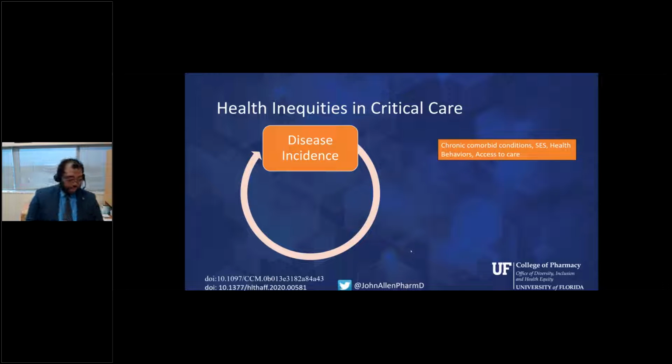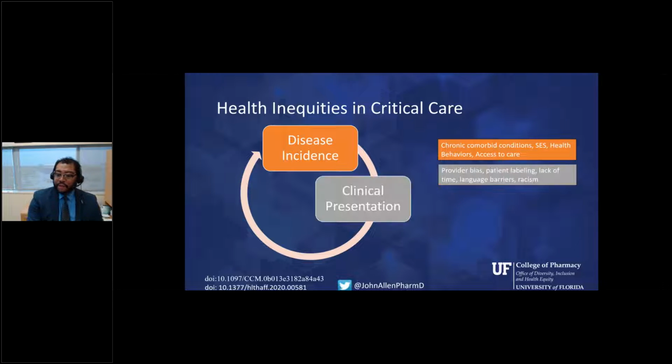All right, so one of the things that I wanted to highlight with respect to health inequities in critical care is to understand where disparities exist in critical care. So disease incidence certainly contributes to health inequities, and we'll unpack that a little bit further, but such things as chronic comorbid conditions, socioeconomic status, health behaviors of our patients, but then also access to care, all have an impact on disease incidence once patients get to the intensive care unit.